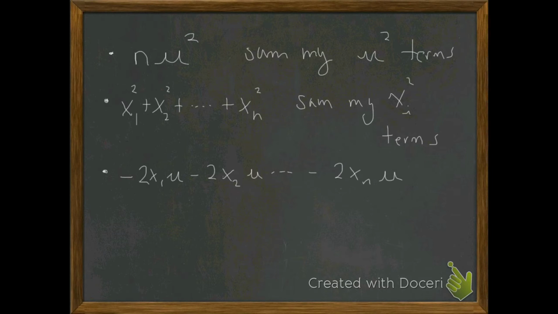So I can clearly factor out a negative 2 mu out of these and just get x1 plus x2 plus xn. Okay, and guys, this clearly can be written as negative 2 mu times the sum i equal 1 to n of x sub i.